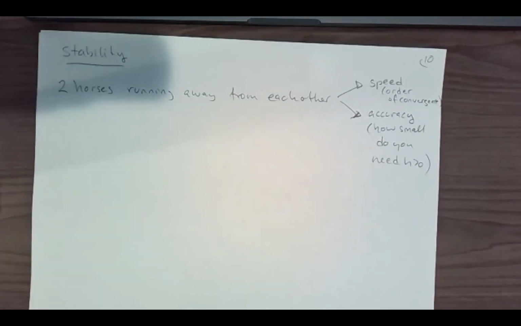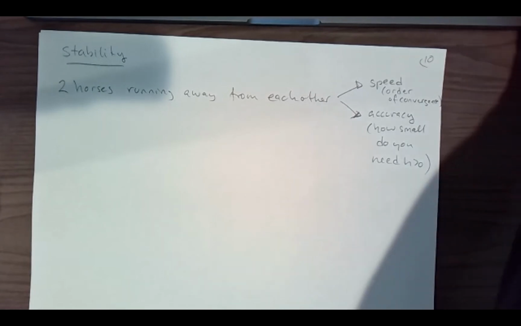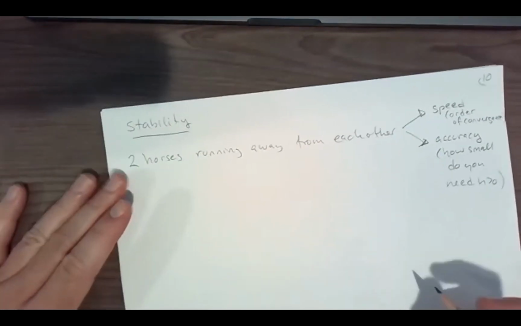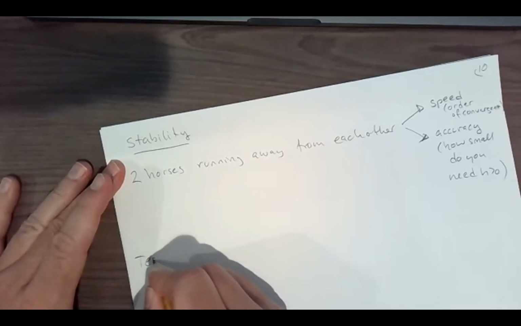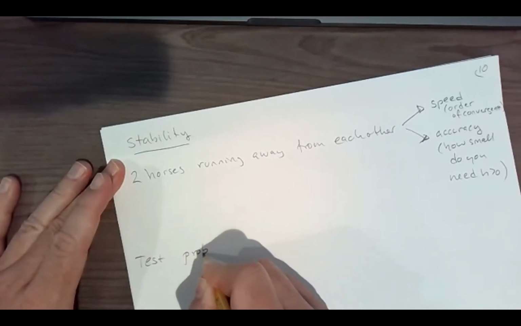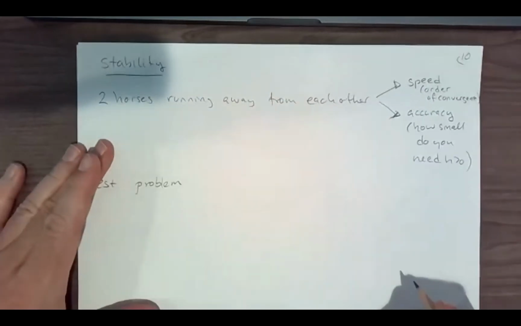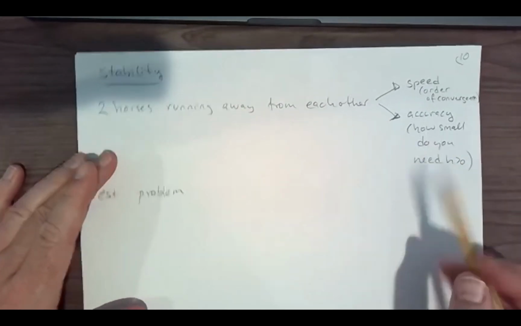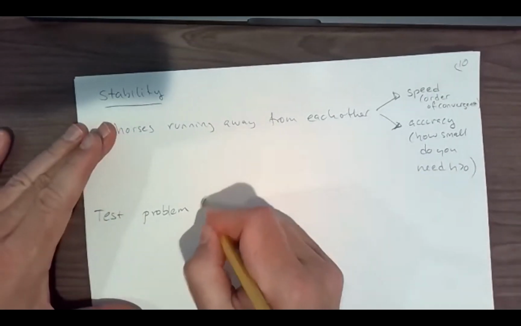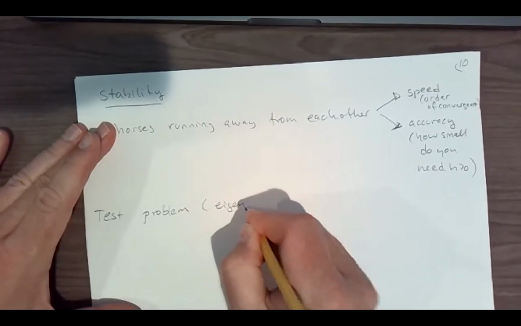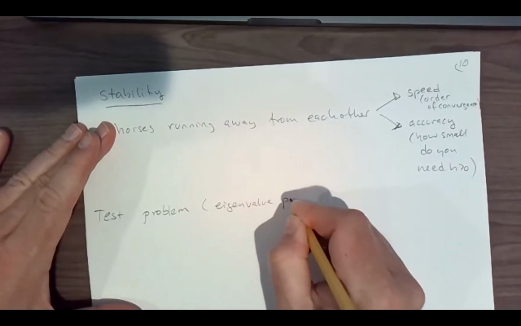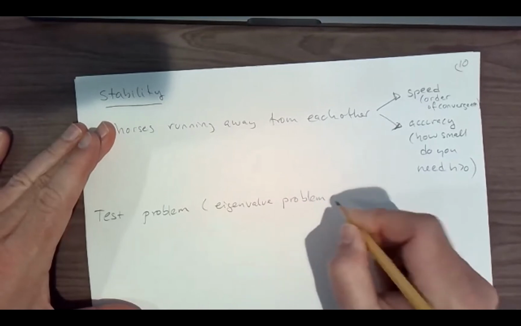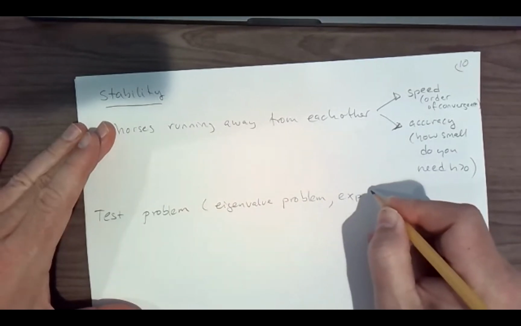Okay, so the way that we're going to do stability is we're going to look at our favorite ODE. We're going to look at a test problem. It's always something along this test problem that people look at when they talk about accuracy. So you're looking at a test problem, this is an eigenvalue problem. It's also really just the exponential.